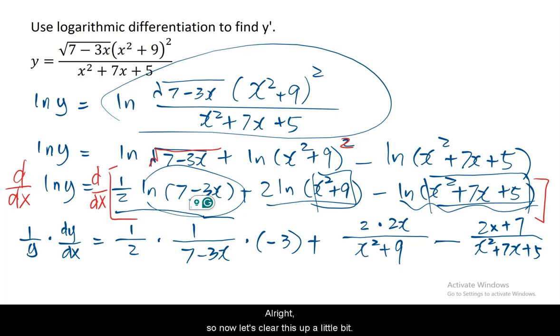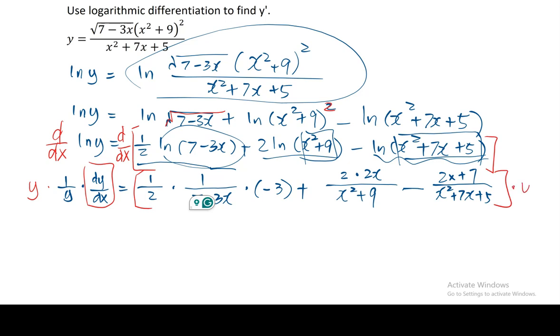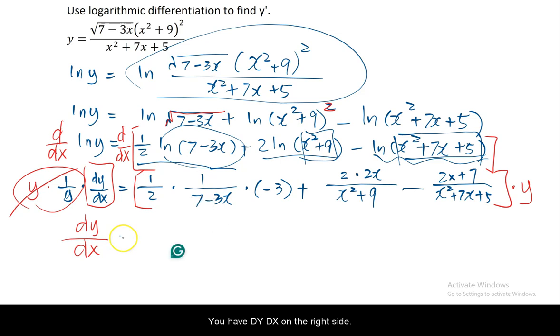Now let's clear this up a little bit. We want to leave dy/dx by itself, so we multiply both sides by y. On the left side, this part is gone. You have dy/dx. On the right side, let's organize this a little bit.